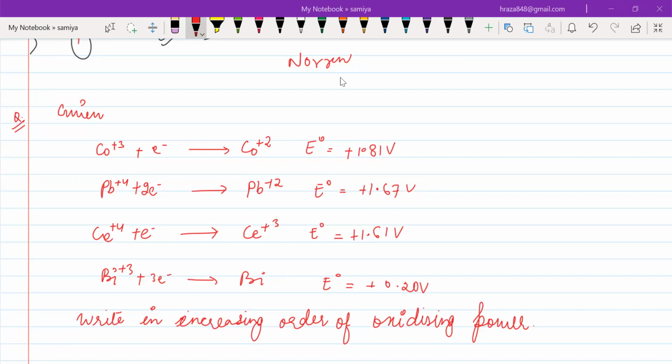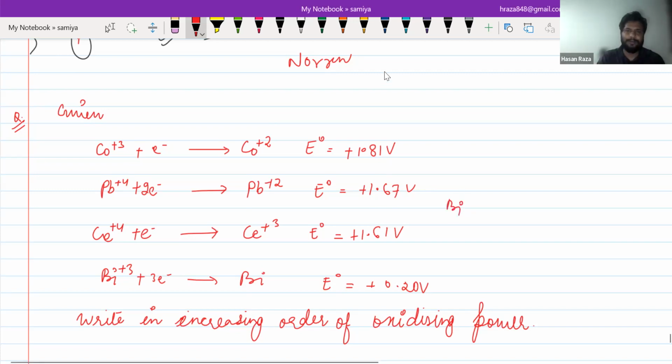Sir, is the answer Bi, Ce, Pb, and then Co? Wait a minute, Madhya. Let me know, is it in increasing order? Yes, sir, in increasing order. That means Bi is the lowest, right? Yes. Very good. Again, now tell me the answer.